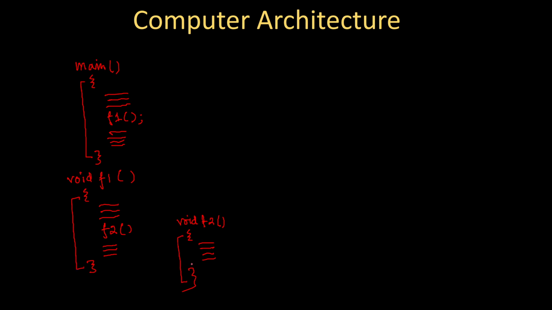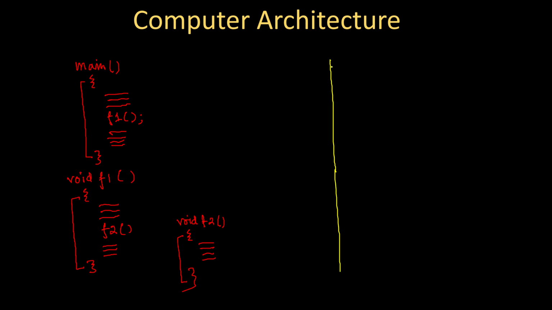Now you see the program that we have written in a high level language. When the program is executed by a computer, what happens? This entire program should be loaded in the primary memory, that is RAM. So now let's consider the situation of RAM in this case, and draw a memory.